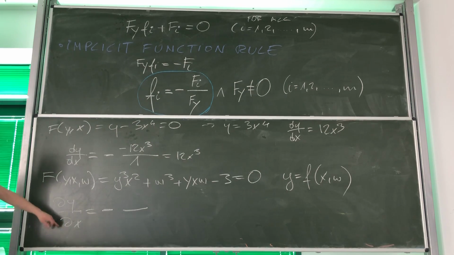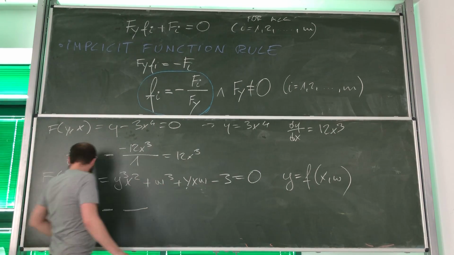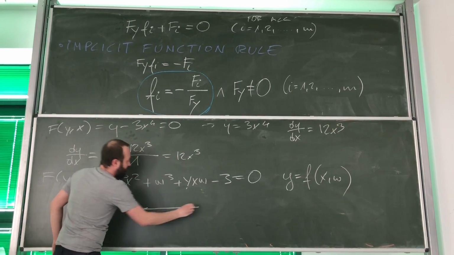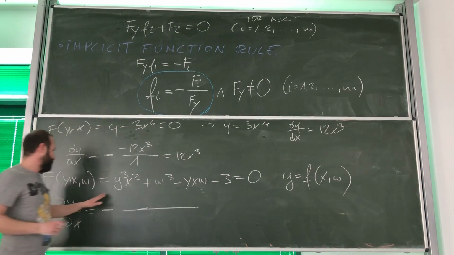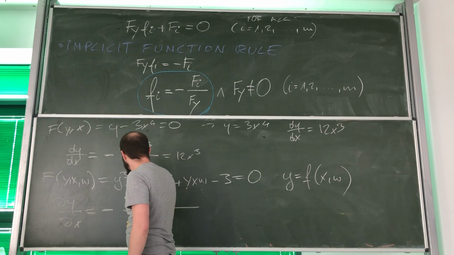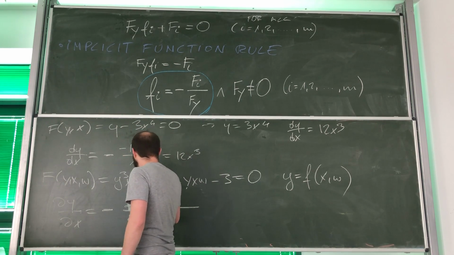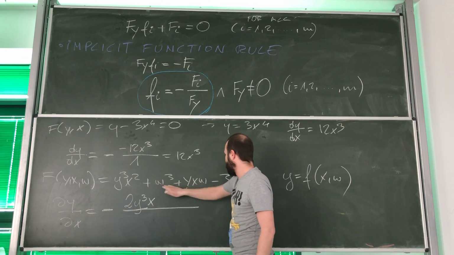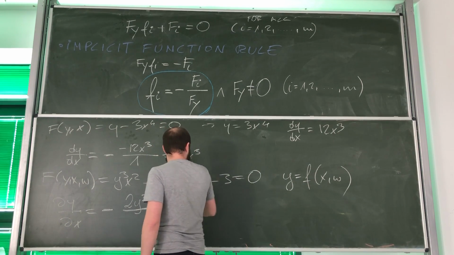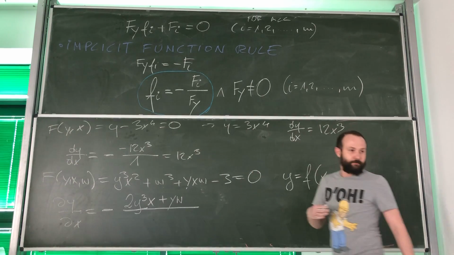First, we differentiate this equation with respect to x, right? The one we had at the bottom. So, if I differentiate this with respect to x, I'm getting that this is 2 y to the power of 3 x plus 0 plus y w. And that's it.